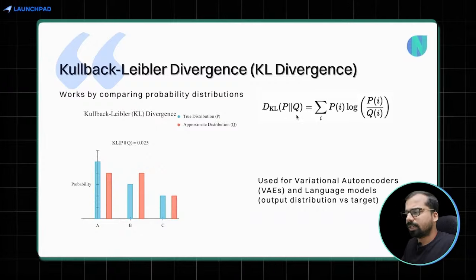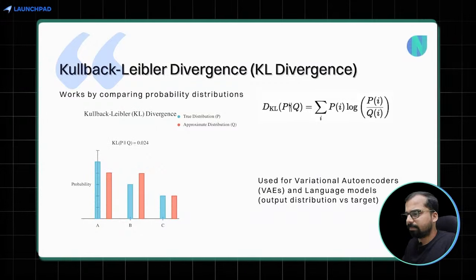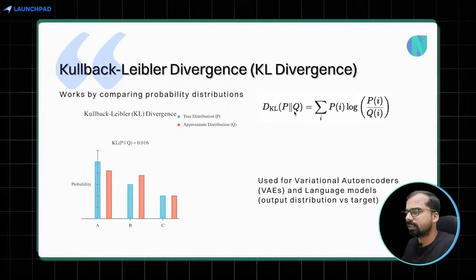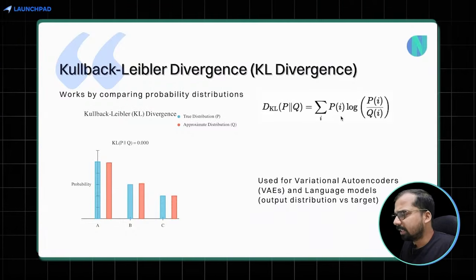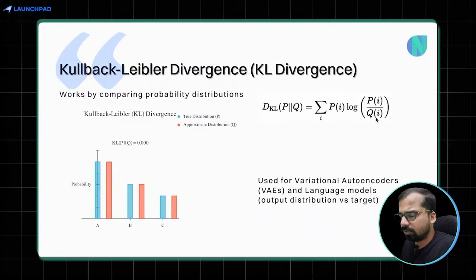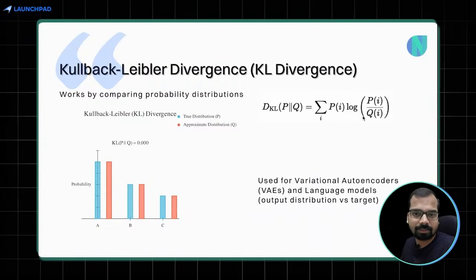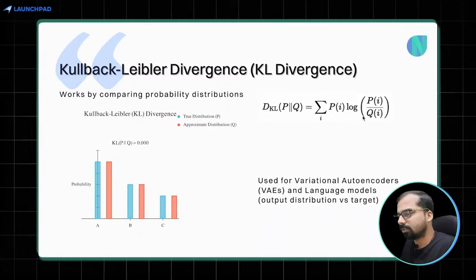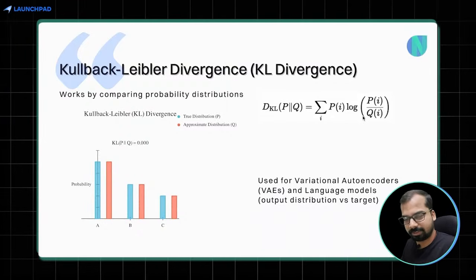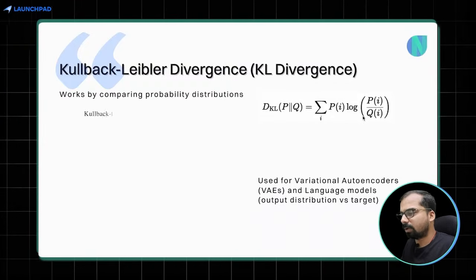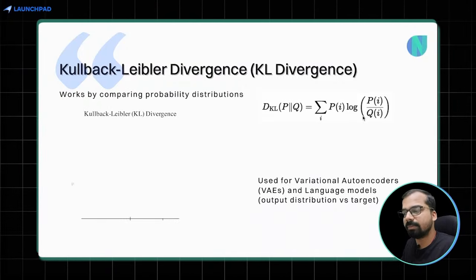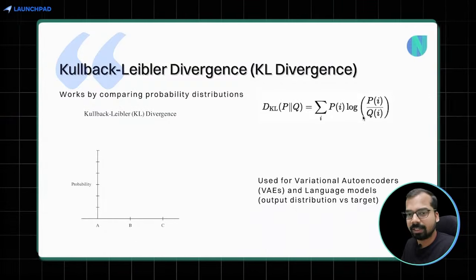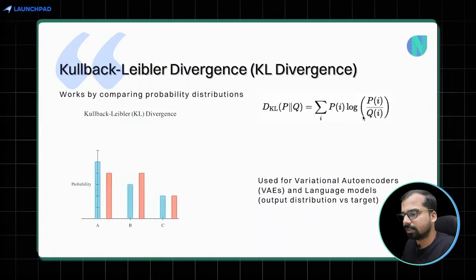P and Q are two different probability distributions, where P is the actual distribution and Q is the estimated distribution. This pi log pi divided by qi is what is known as KL divergence, the Kullback-Leibler divergence. If the probability distributions are quite close, the value of KL divergence will be low. If they are very far apart, the value will be higher.